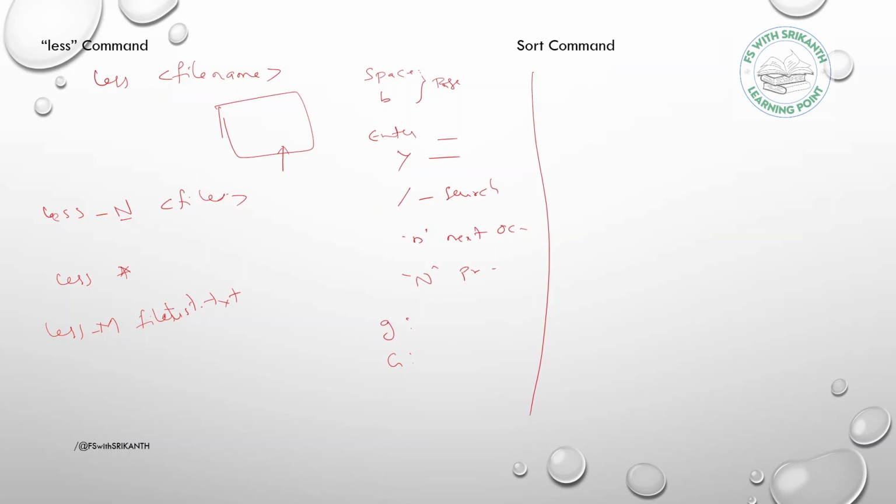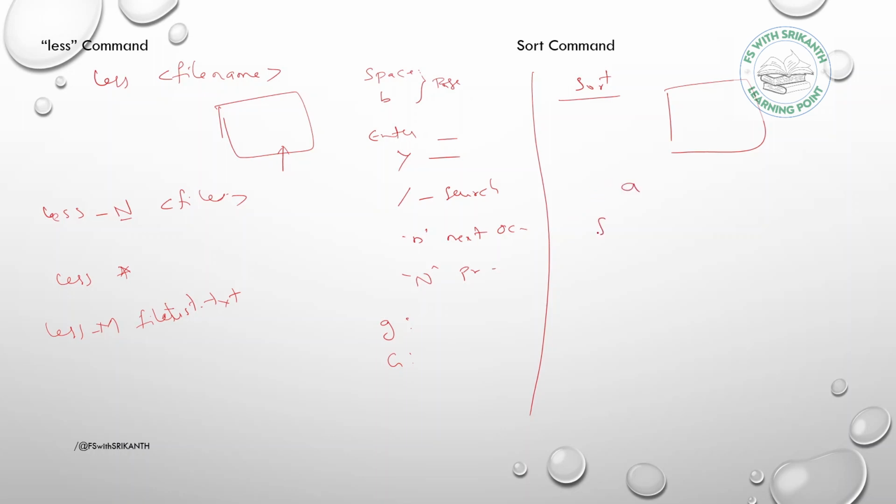Sort is based on the characters in the file; the lines will be reordered. Like if a file has 20 or 30 lines, we can sort it out.